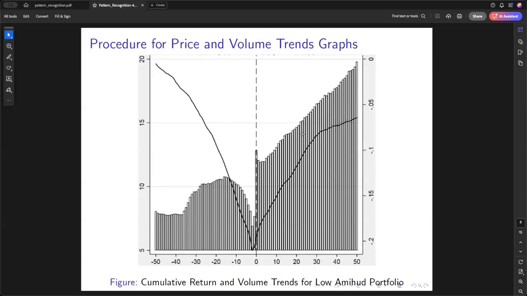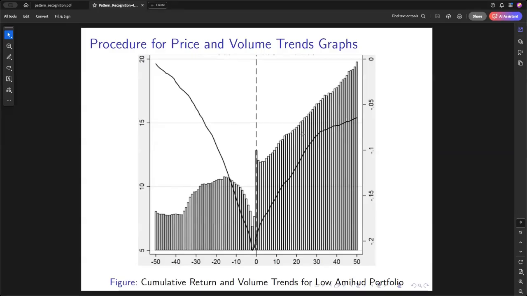I identify a clear pattern that before it attains its return at month 0, its price drops rapidly and trade volume also drops, and after month 0, the price starts to increase and the volume also resumes to the original level.